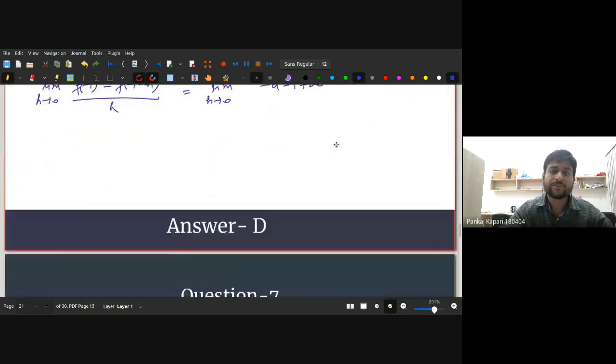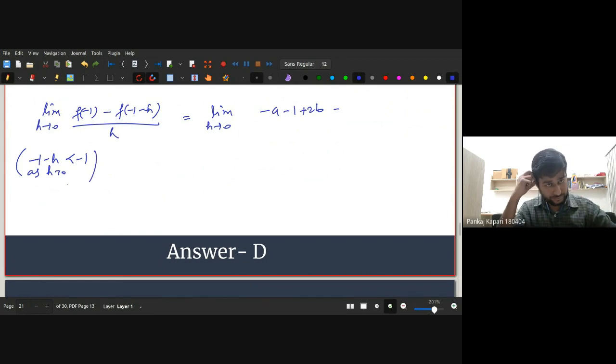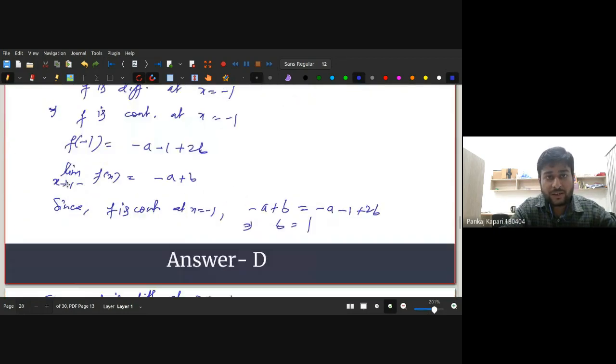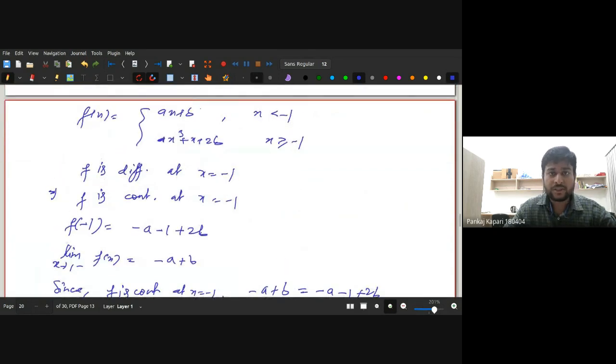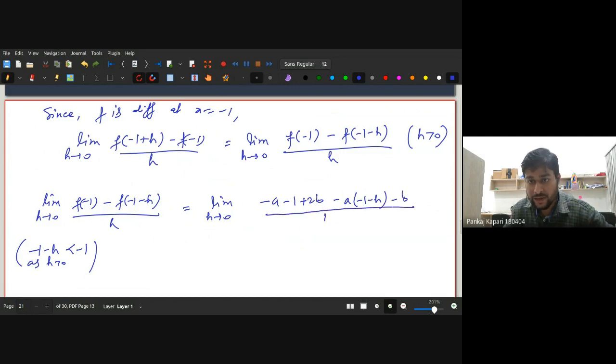You can notice that minus 1 minus h is strictly less than minus 1, because h is positive. That means you have to apply the first definition of the function, this linear one, ax plus b. If you apply that definition, it is equal to a times minus 1 minus h plus b, and then divided by h.